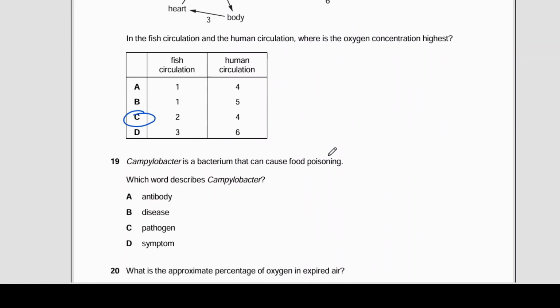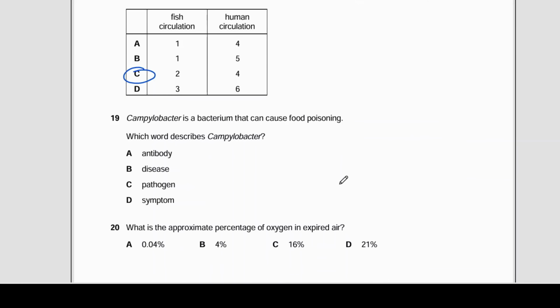Okay, Campylobacter is a bacterium that causes food poisoning. Which word describes Campylobacter? It's a disease causing agent, so it would be pathogen. So I had an infection of this, I guess.